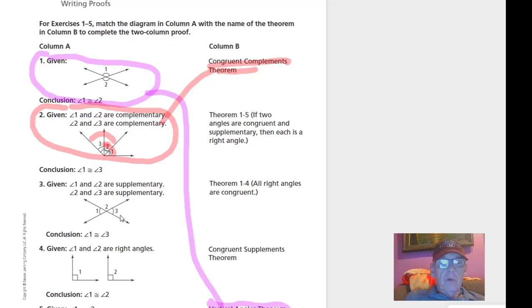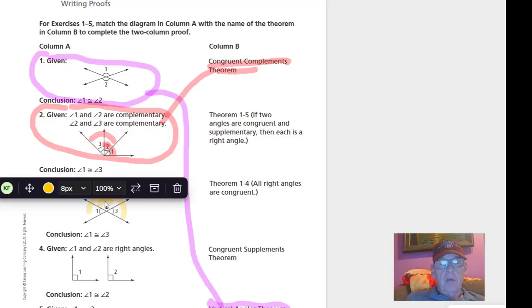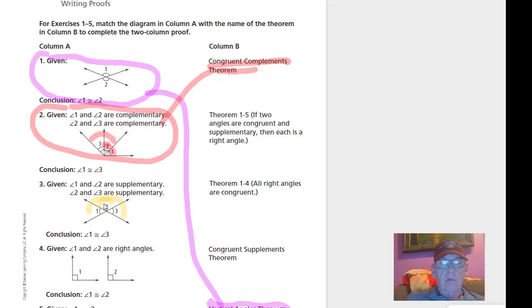Let's look at number 3. Given that angle 1 and angle 2 are supplementary, these two angles add to be 180, as do angle 2 and angle 3. Same argument as for the congruent complements. If, let's say, angle 2 was 120 degrees, that would mean angle 1 would have to be 60 because together they have to be 180 since they're a straight angle.